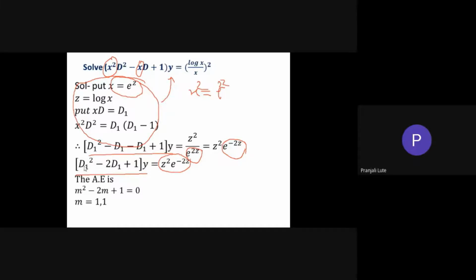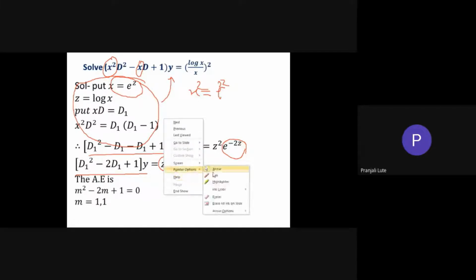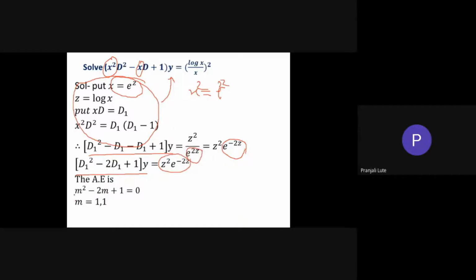So your equation can be written as m square minus 2m plus 1 equal to 0, and the roots of this equation are 1, 1. How to get roots 1, 1? We have to split the middle term minus 2m as minus 1 and minus 1, and the multiplication of these two terms will be 1. So (m minus 1)(m minus 1), so m equal to 1, 1.